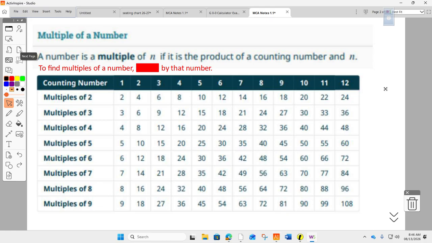So multiples. So multiples of numbers. You can find the multiples of numbers just by counting by that number. So the multiples of 3, we're going to start counting by 3. So the multiples of 3 are 3, 6, 9, 12, 15. The number that you're finding the multiples of is always the smallest multiple.